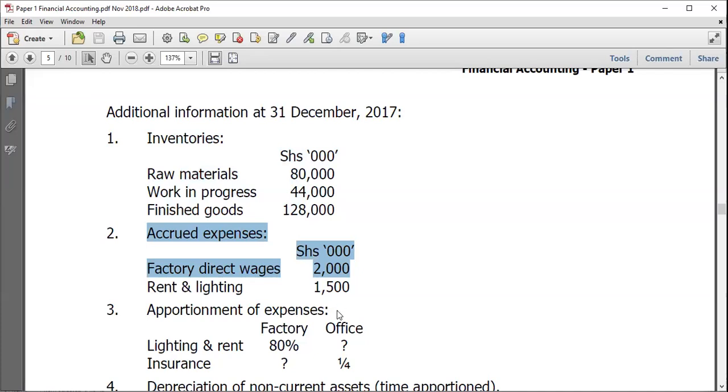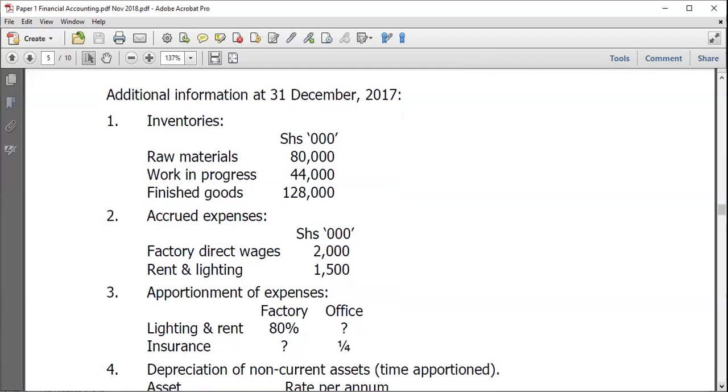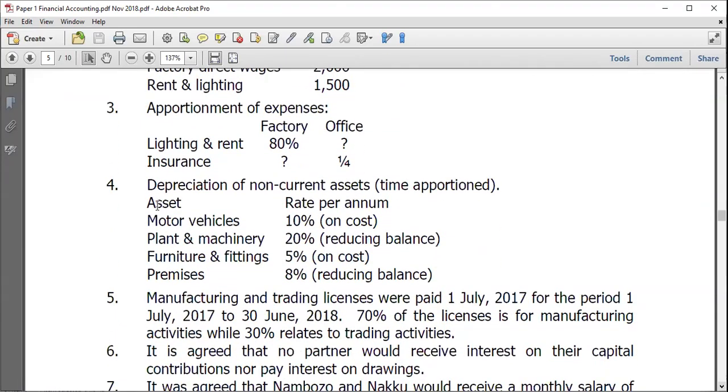And then they also give us apportionment of other expenses as provided to us. And then down here, they give us depreciation of non-current assets, type apportioned like we saw, telling us motor vehicle is on cost. You know that this is straight line depreciation method if they say on cost. Then we also have on reducing balance and so on.